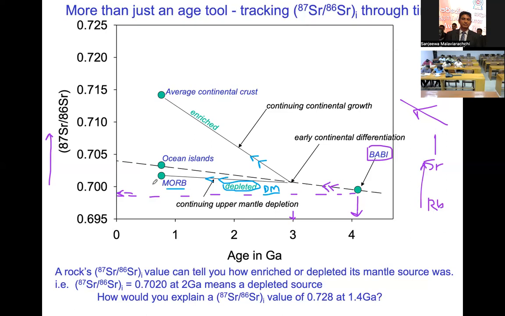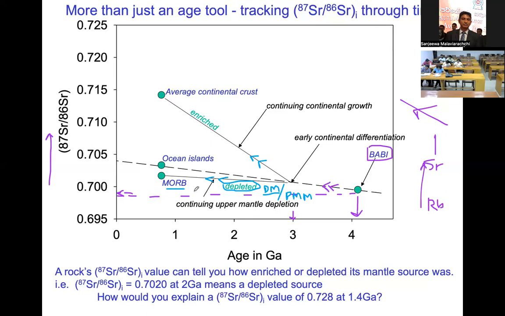So some people call depleted mantle DMM, right? Why? D means depleted, M means MORB, and the second M is mantle. Depleted MORB mantle. That means the source area which produced MORB, mid-ocean ridge basalts, DMM.